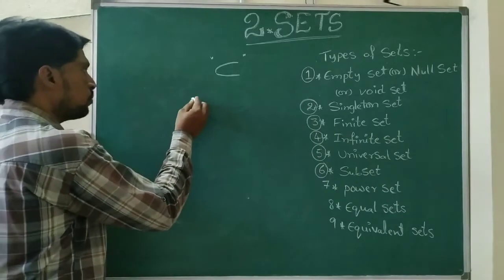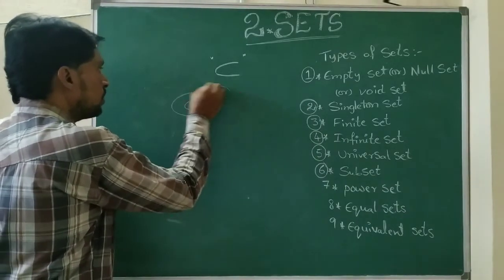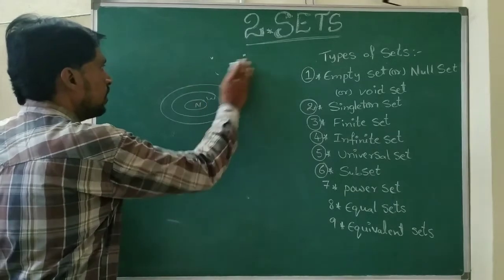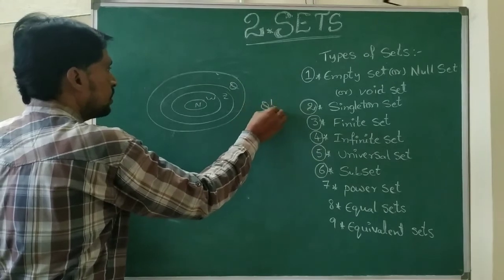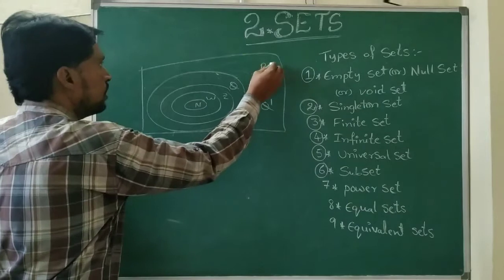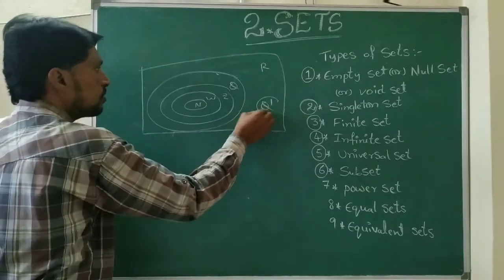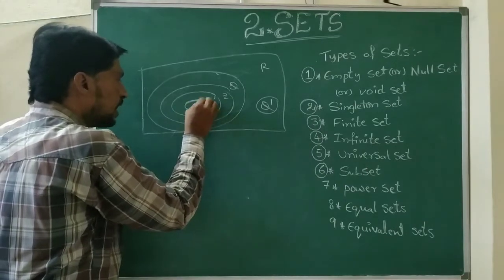Before that example, I am discussing here: this is natural number, this is whole number, this is integer, this is rational number, this is irrational number, and this is the universal set, R. Now I am taking the natural number set.